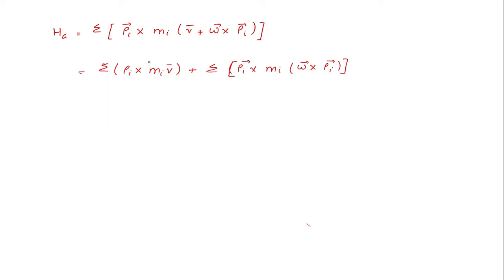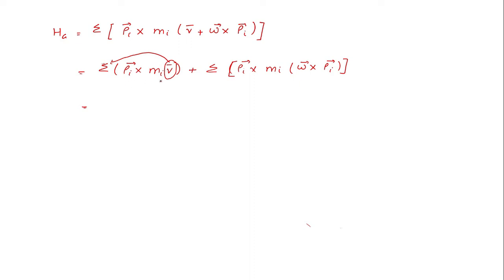Now, since v bar is the velocity of the mass center, it does not have any relationship with the sigma here.